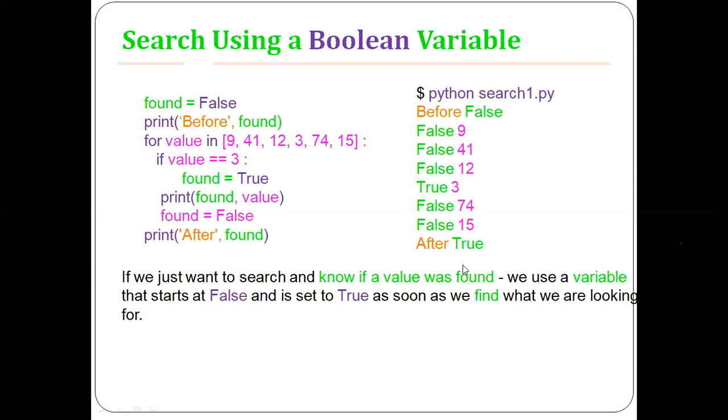Yes, sir. Can you answer me? Hello, yes, sir. Why is it true? Because after found, there are two conditions, sir. Value is equal to 3. Let us try to use the applications.